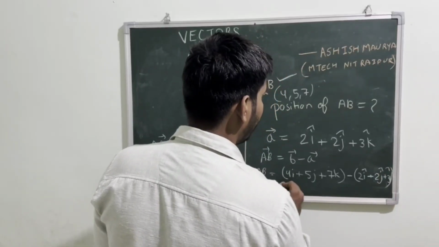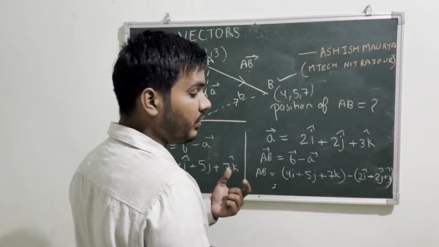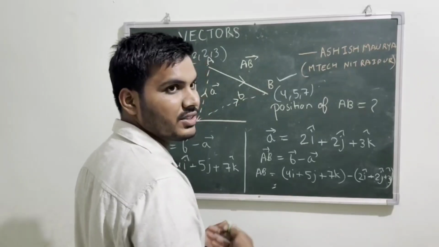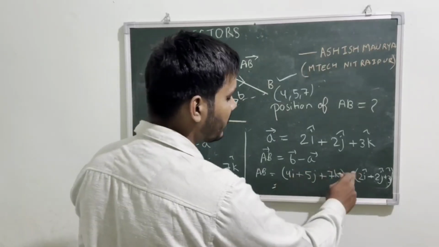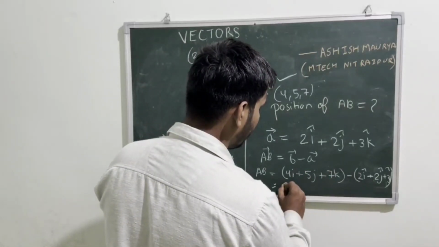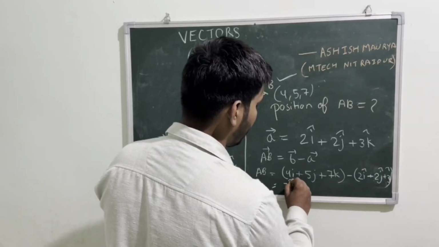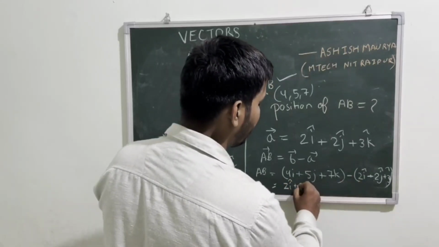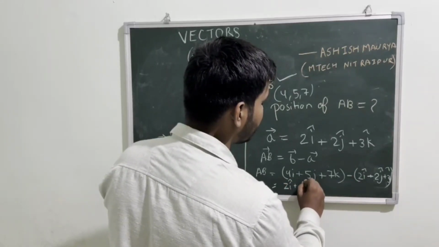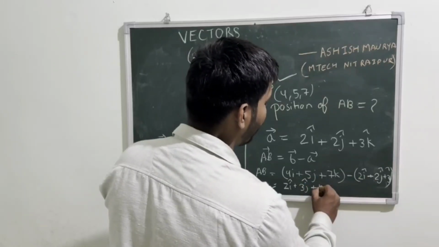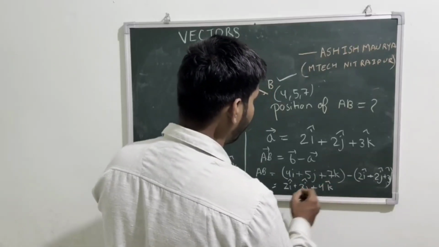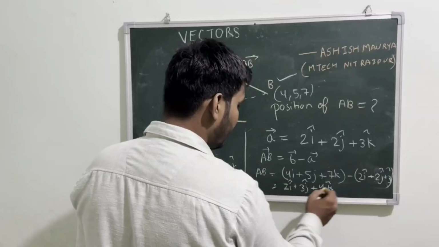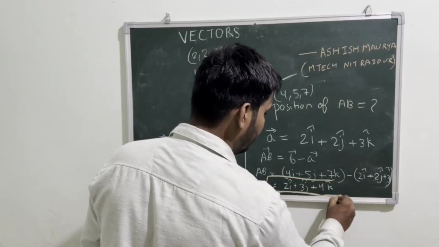So the resultant will be 4 minus 2. We have to subtract i first, then j, then k. 4 minus 2, it will be 2i. 5 minus 2, it will be 3j. Plus 7 minus 3, it will be 4k. So this is the position vector of AB.